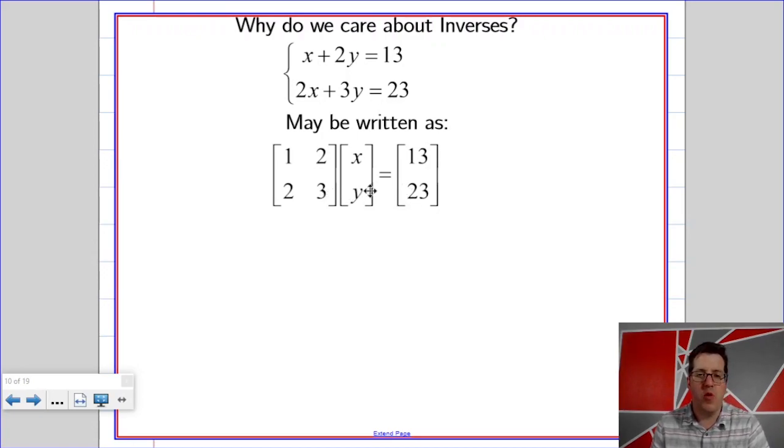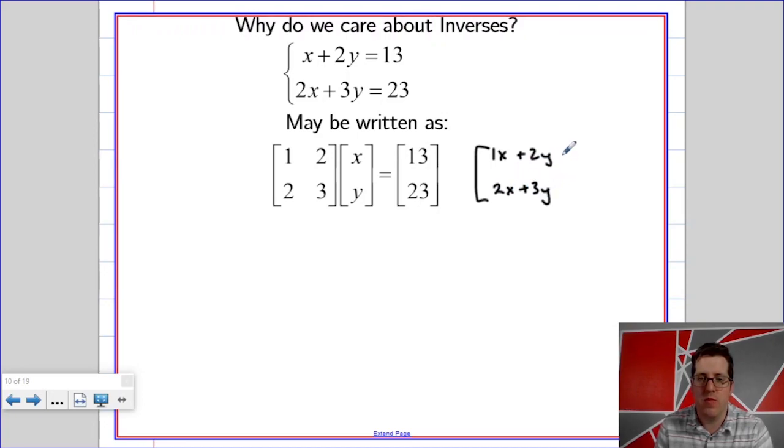This is not merely an organizational technique, but is 100% consistent with all of the work that we've done so far. So 1x plus 2y is what we would get from multiplying the top row, and 2x plus 3y is what we would get by multiplying the bottom row.